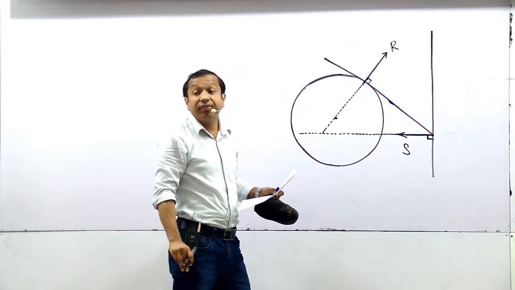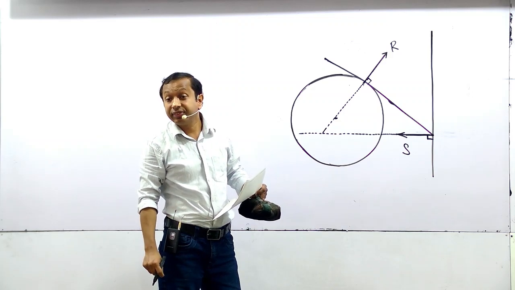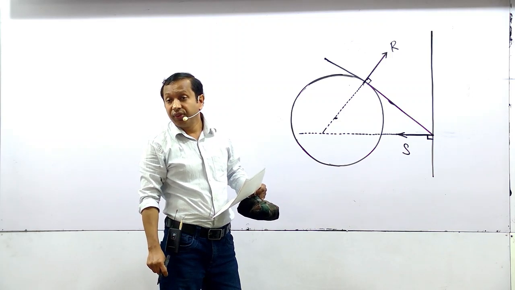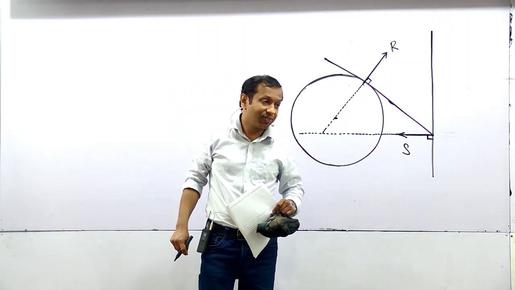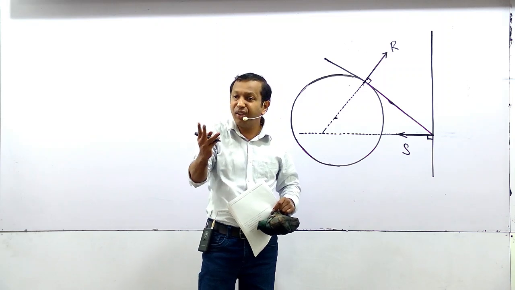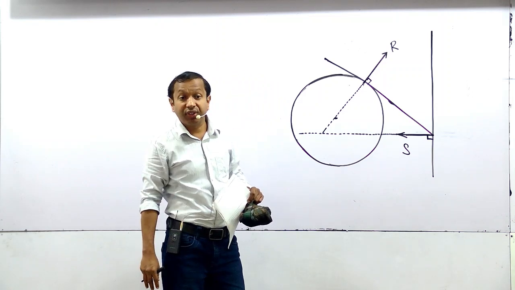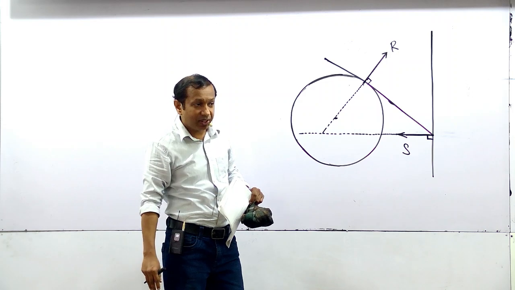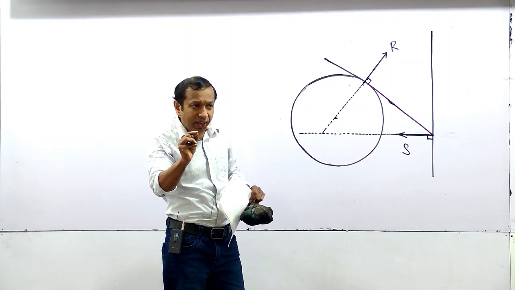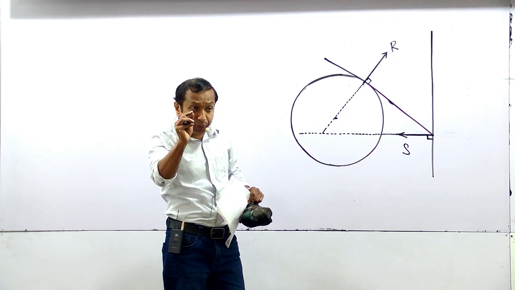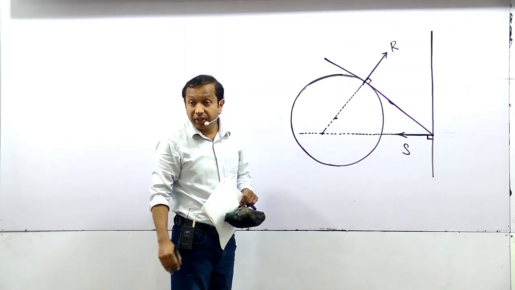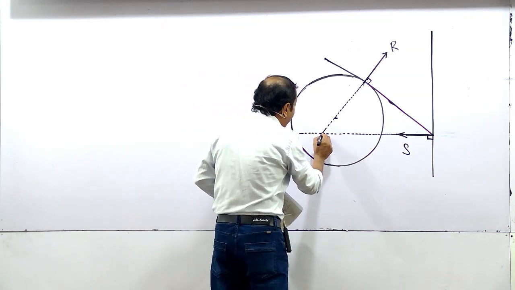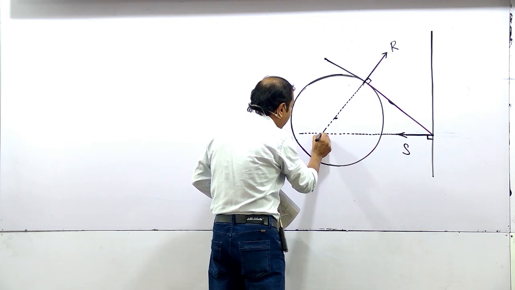What is the next one? The next one is the weight of the rod. And then finally, the rod is in equilibrium under the action of how many forces? 3 forces. We know whenever any object is in equilibrium under the action of 3 forces, the 3 forces must meet at a point. So therefore, the line of action of the weight produced should definitely pass through this point. Am I correct? Yes, all right. Then we'll draw the line of action of weight produced like this.